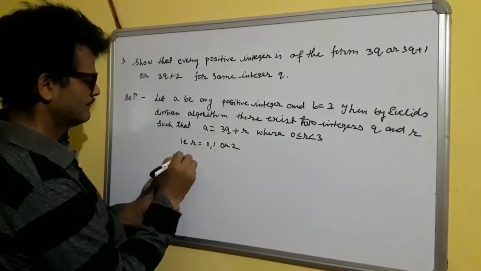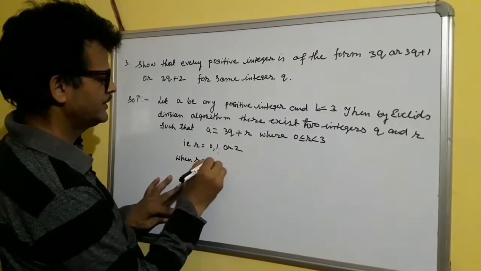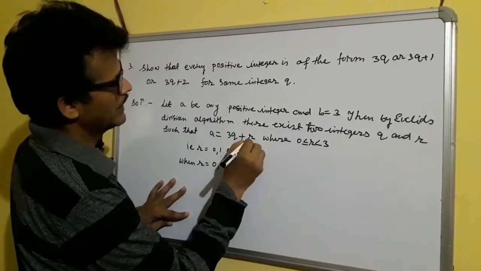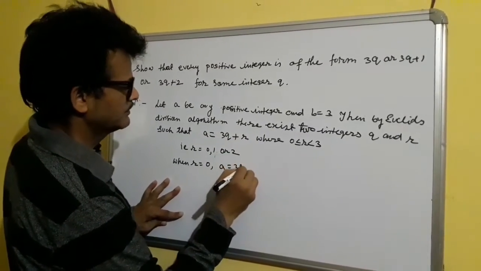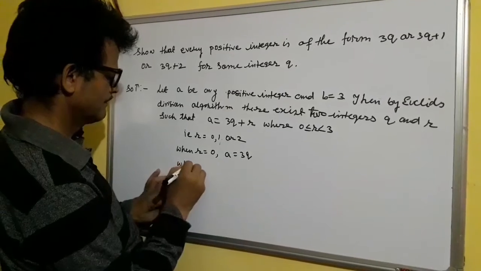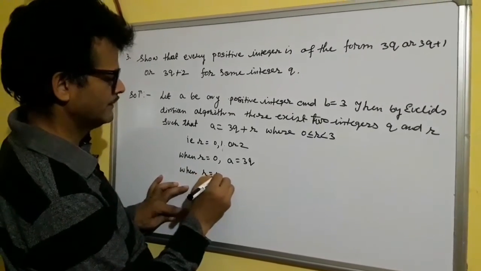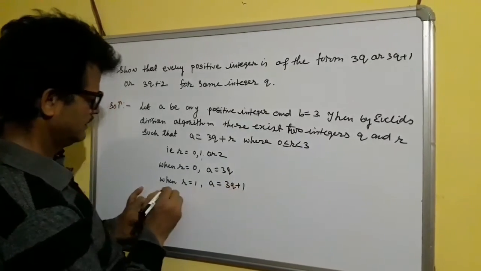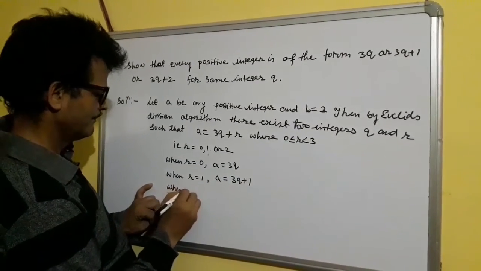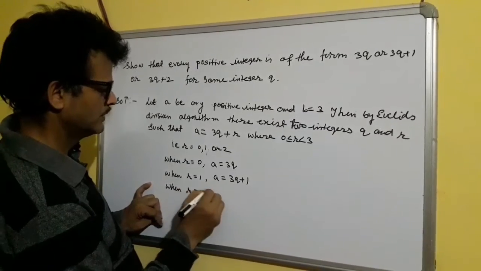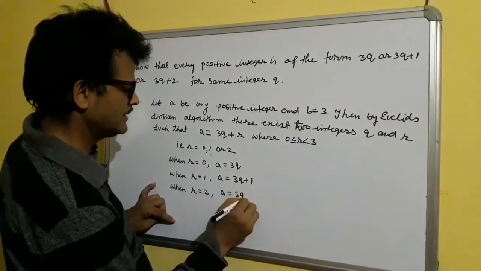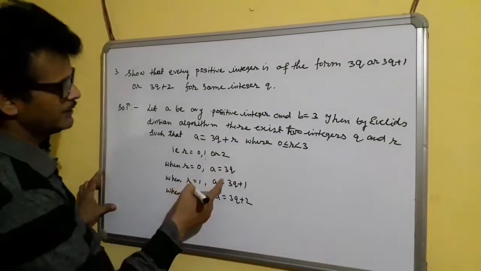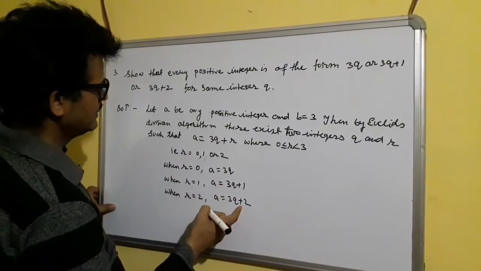When r is equal to 0, a is equal to 3q. When r is equal to 1, a is equal to 3q plus 1. When r is equal to 2, a is equal to 3q plus 2.